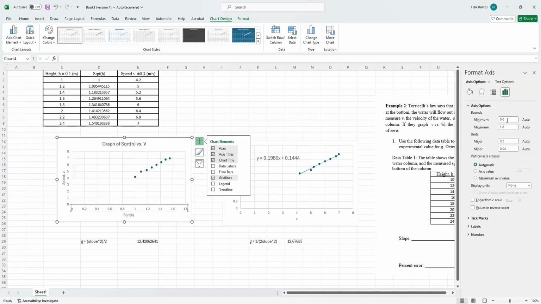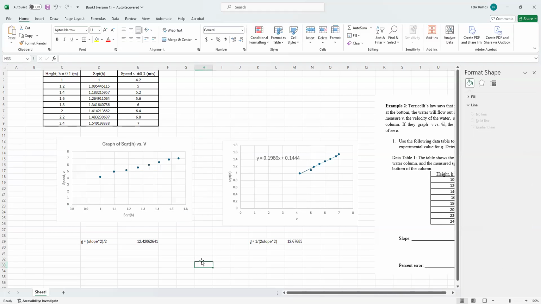I can just modify this minimum here. Say we pick 0.8, like that. The graph is not going to be all skewed to one side. So now my scale in the x-axis will start at 0.8.